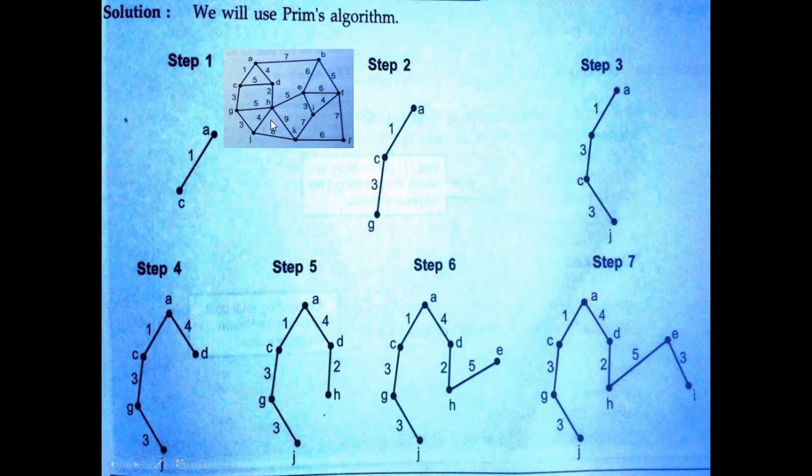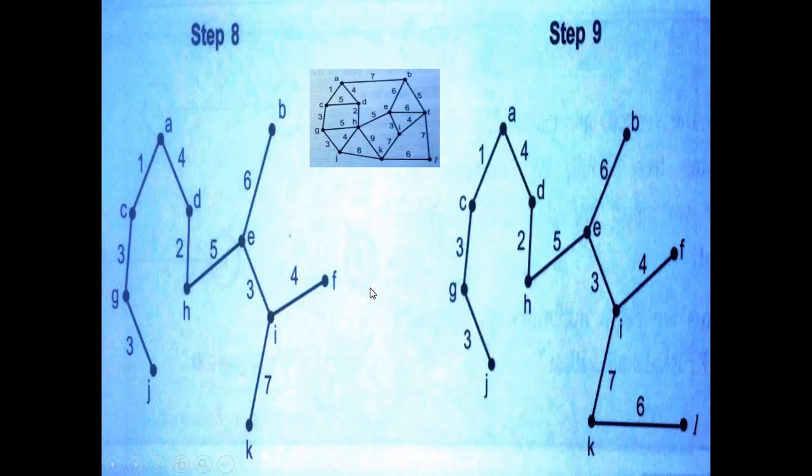After it, minimum weight is here from G to J, so we will connect G to J. After it, we will select this A to D with the 4. After it, we will select D to H with the 2. After it, we will select adjacent node E with 5 weight. After it, we will select adjacent node I with the 3 weight.